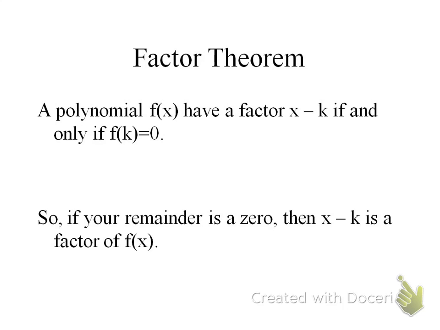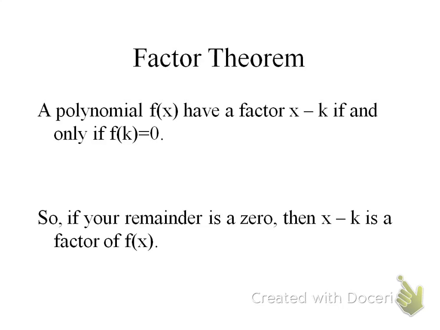All right, here's the factor theorem. It says a polynomial f of x has a factor x minus k if and only if f of k equals 0. So, if the remainder is 0, then x minus k is a factor of f of x. Basically, that means it divides evenly.